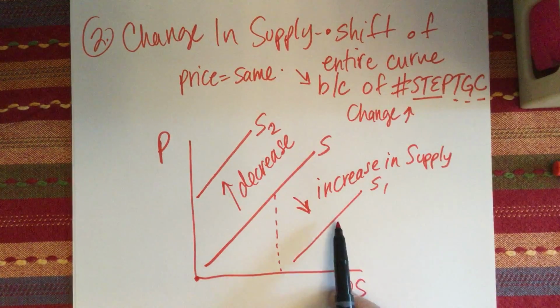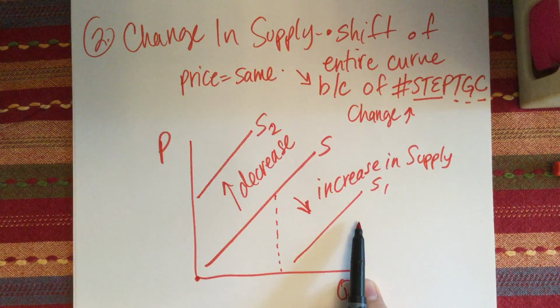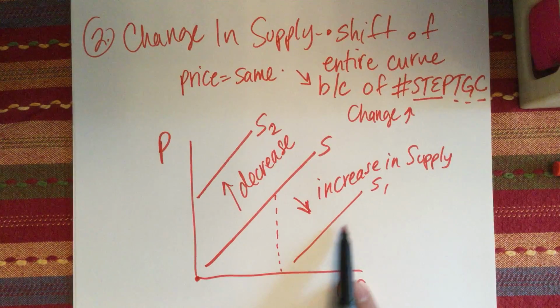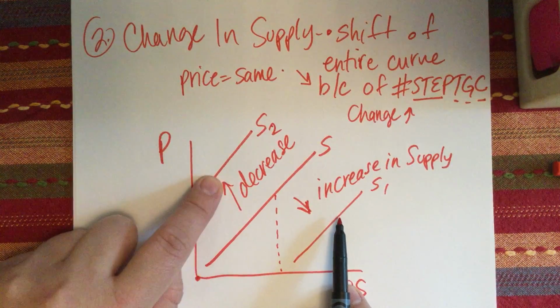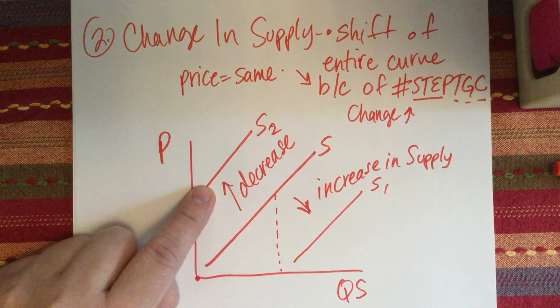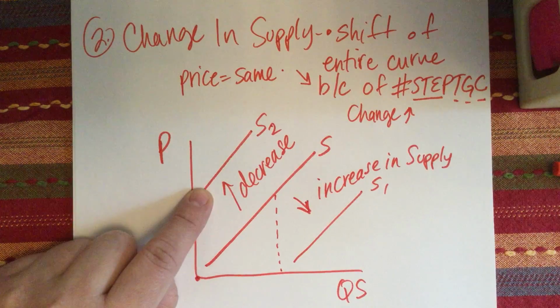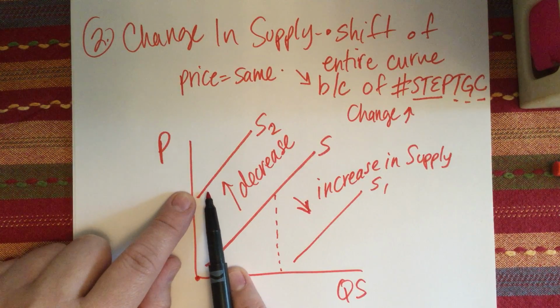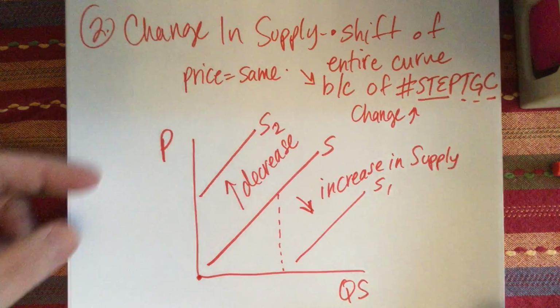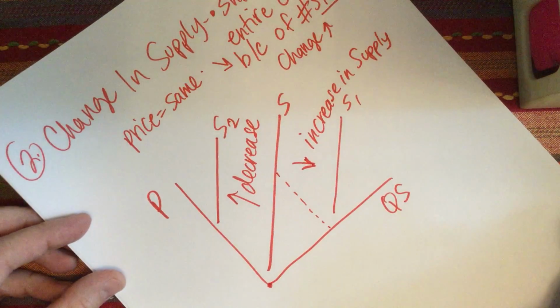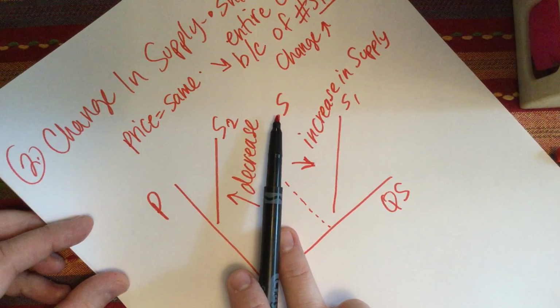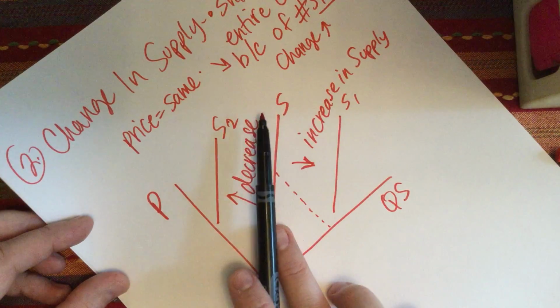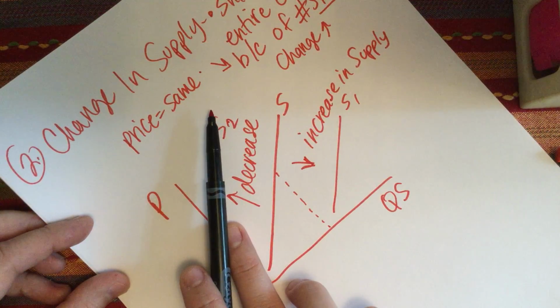Some people visualize it as below, like they think this is an increase in supply because it is above the line, but this is actually a decrease in supply. In terms of quantity, you're supplying less to the market at that same price. If it's easier for you to look at the graph like this, and this is your original supply curve, to the right is an increase, and to the left is a decrease.